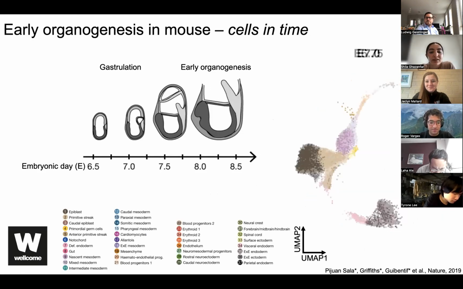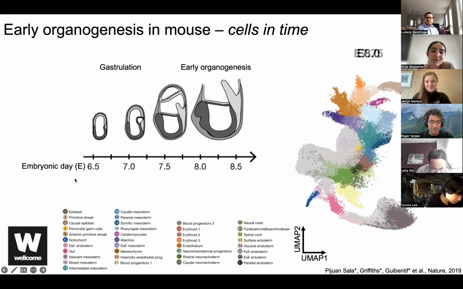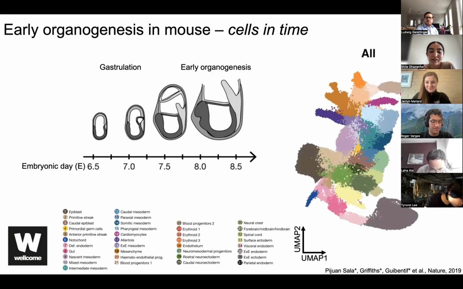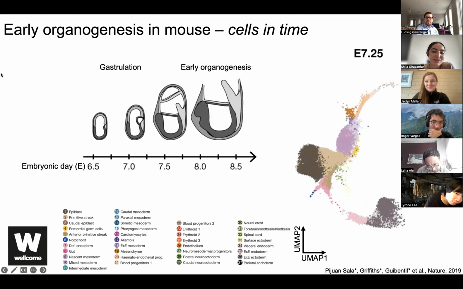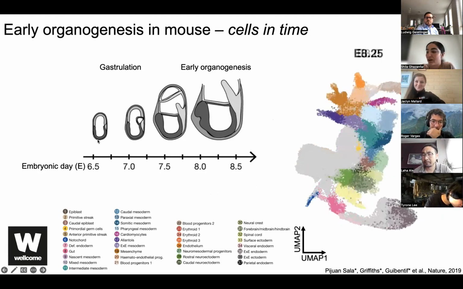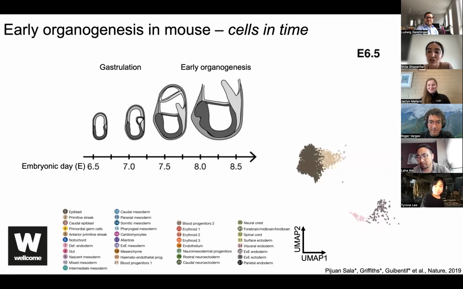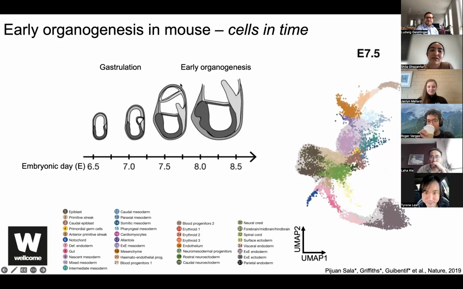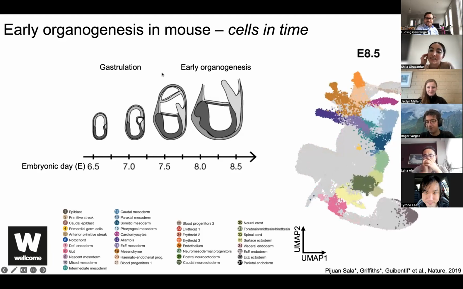What you can see on the left here is a schematic of what happens to mice as they develop over these 3 key, very eventful days of their development. We start from embryonic day 6.5, where the mouse embryo is a relatively simple 3-layer structure. And then over these 3 days, there are the stages of gastrulation and early organogenesis.